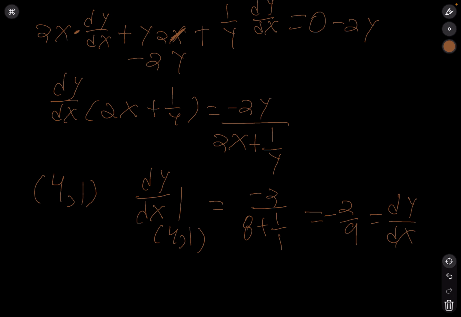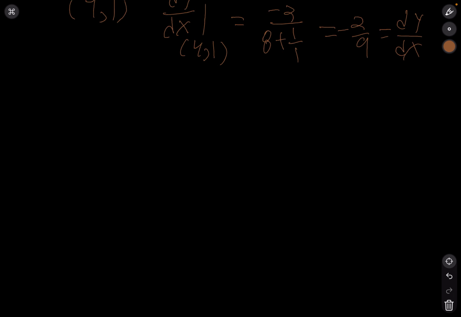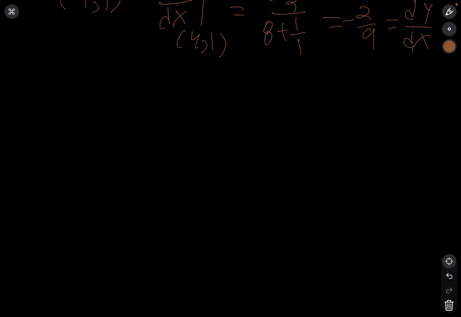Which is equal to negative 2 over 9, which is your dy/dx. Now, we're not done after all that, which is insane, because I almost got a headache right now. But dy/dx is equal to negative 2 over 9.